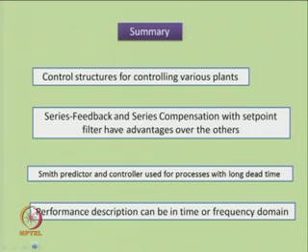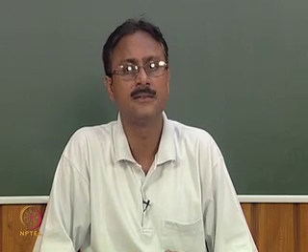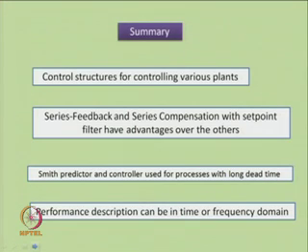So, in summary, we have discussed varieties of control structures for controlling various types of processes. Series feedback compensation scheme has got advantages over the series and feedback compensation schemes. Smith predictor and controller are used for processes with long dead time.